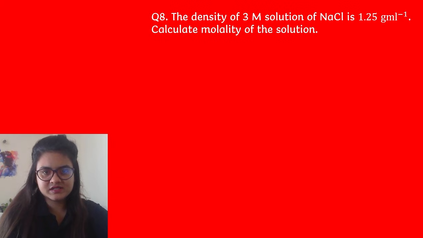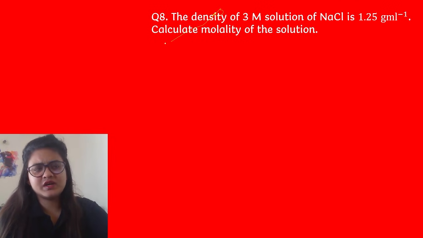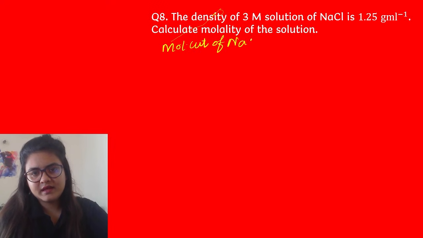From the basics we will start. A lot of things we have to do here. See, the molar mass of NaCl: for sodium it is 23 and for chlorine it is 35.5. So I can write the molecular weight of NaCl is basically 58.5 gram per mole.